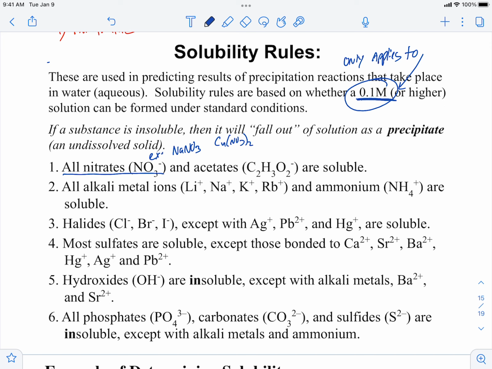This one is called copper 2 nitrate. Any compound that contains nitrate is a soluble compound. That means it will dissolve. The ions will separate. So let's just reiterate that. It will dissociate, which is a fancy way of saying the ions separate.